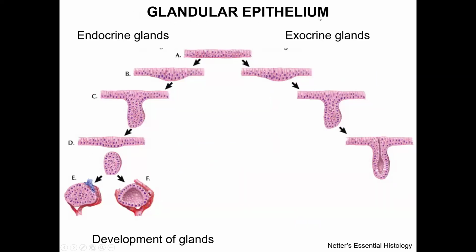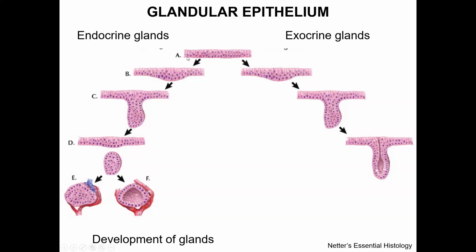Now about the glandular epithelium. The glands develop from an epithelium, and there are two types of glands, the endocrine glands and the exocrine glands.